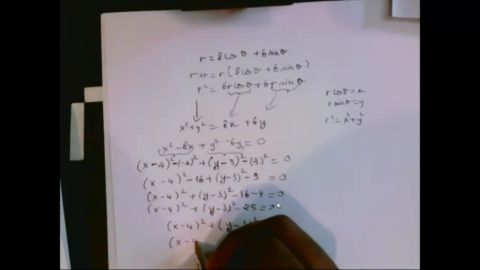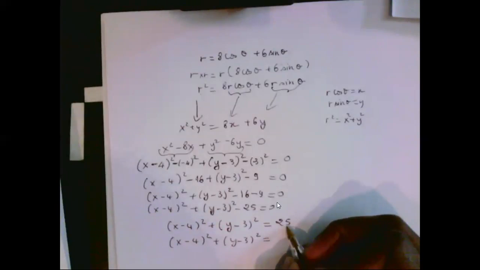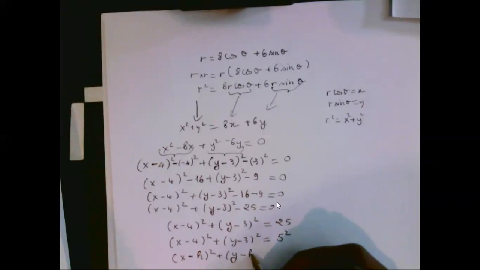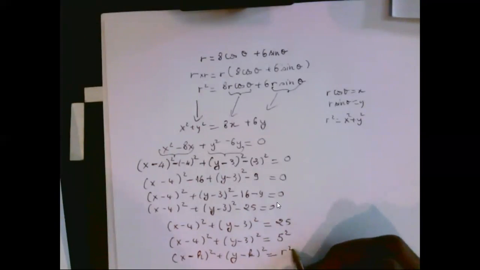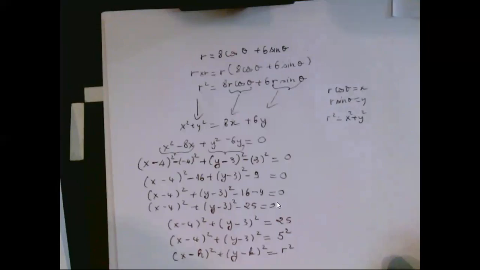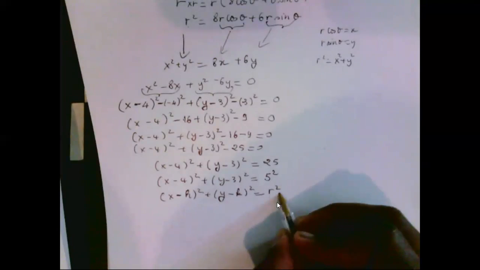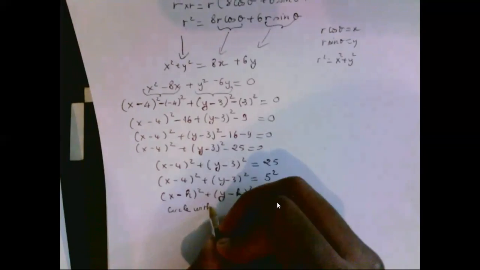An equation of a circle typically has this shape: x minus h squared plus y minus k squared equals r squared, a circle with center (h, k) and radius r.